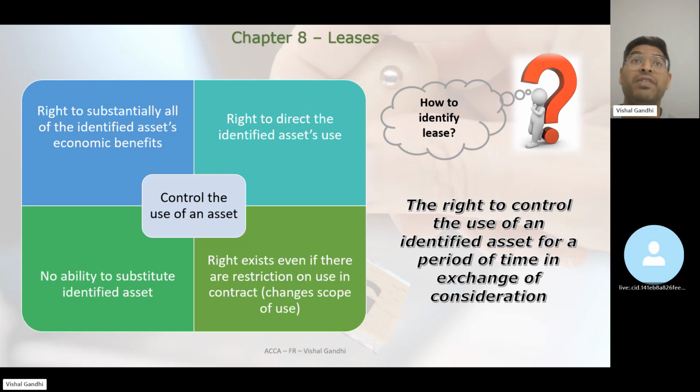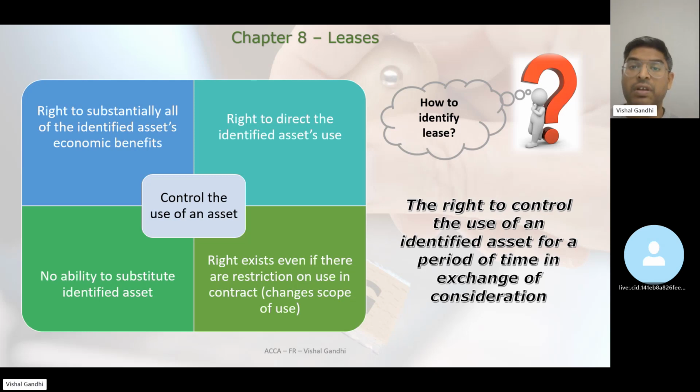So then that is not a lease contract, because the lessee does not have control over that space. Understood? So this is how you can identify.